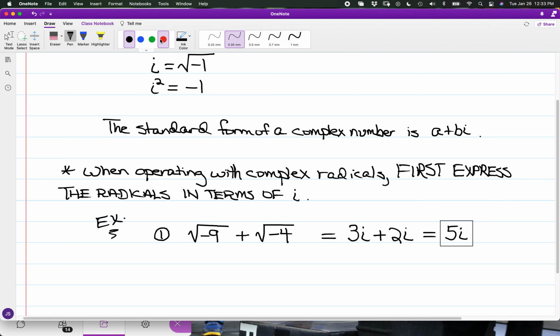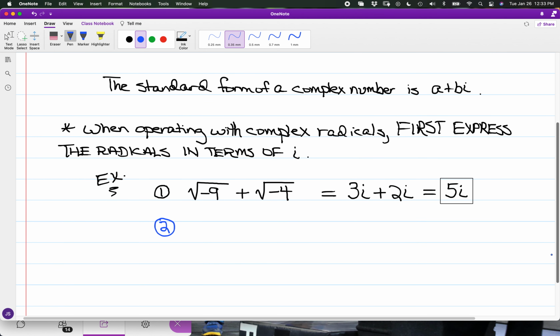And if you were to take the difference between complex terms, let's say we have the square root of -48 minus the square root of -12.